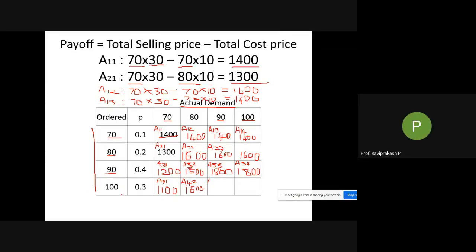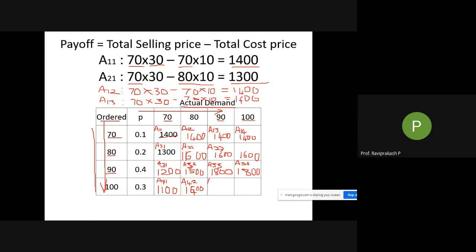It will be 100 into 10, because I am buying 100. The order is 100, but I am selling only 80. So it is 1400. Yes, sir. Okay. So just remember, this side is the order, and I am buying. This is supply. So I cannot supply more than what is the demand, right?